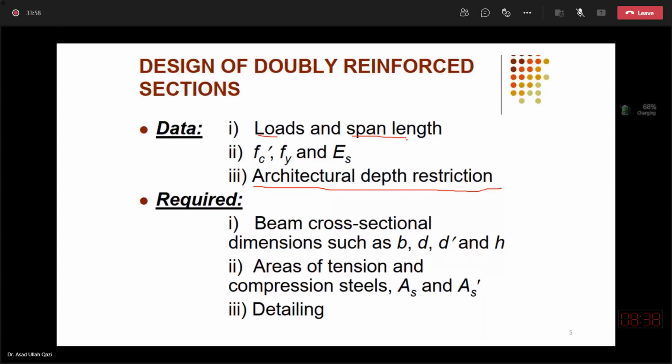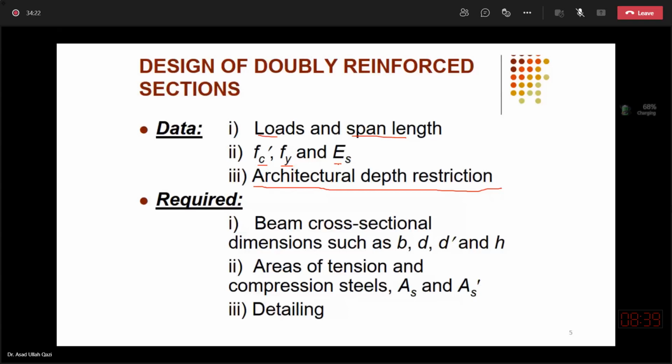You have to estimate the loads, and you know from the architecture working drawings what the spans are. Then as a structural engineer, you have to intelligently select the concrete grade for that project, the steel grade, and the modulus of elasticity of materials, or you will be performing some tests in the laboratory.